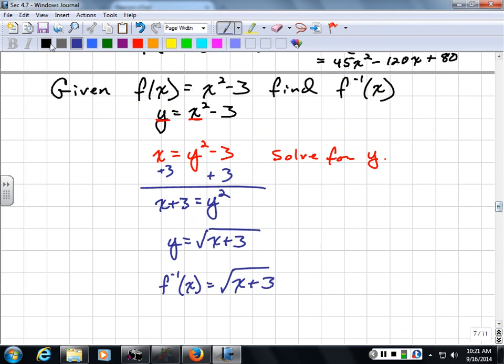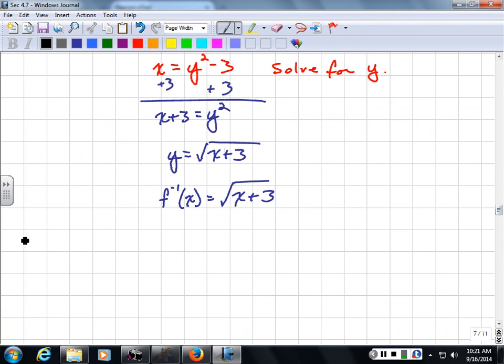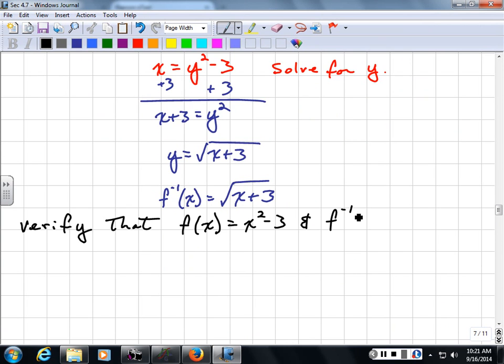How do we verify that f of x equals x squared minus 3 and f inverse of x is equal to the square root of x plus 3? How would you verify that?